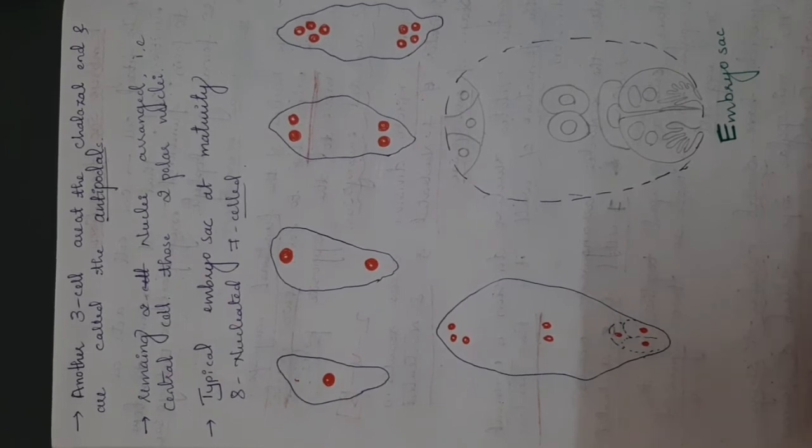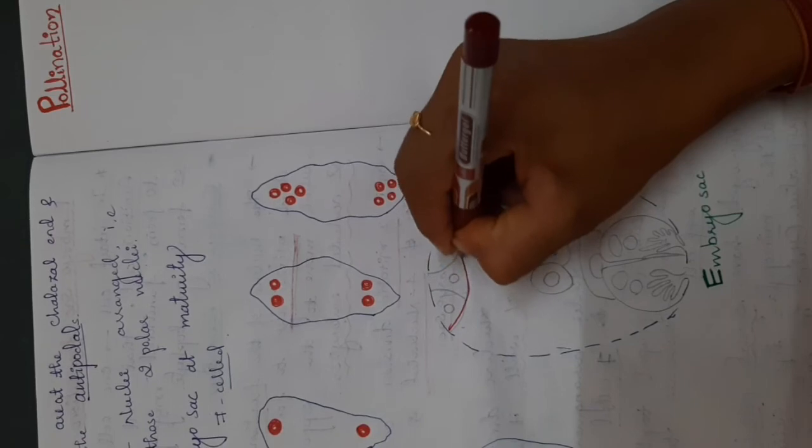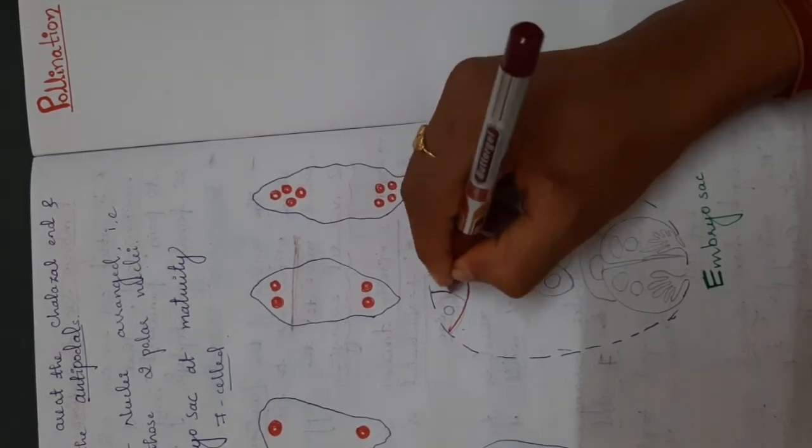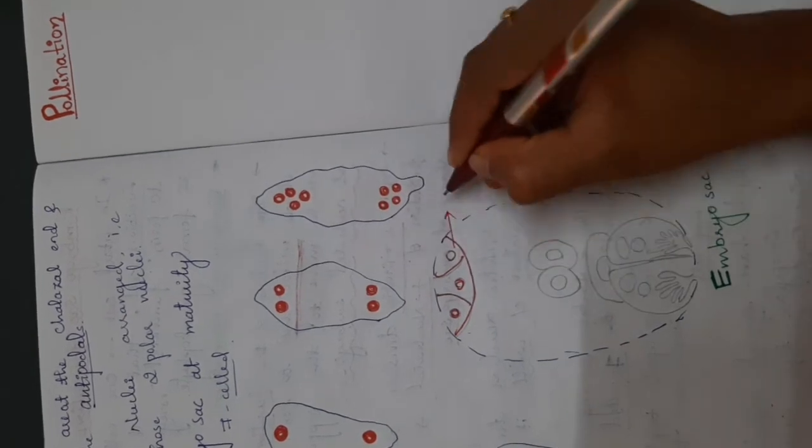They are 3 antipodal cells, 2 synergid cells, one egg cell, one central cell. Okay, here you can observe the end which is having the antipodal cells.